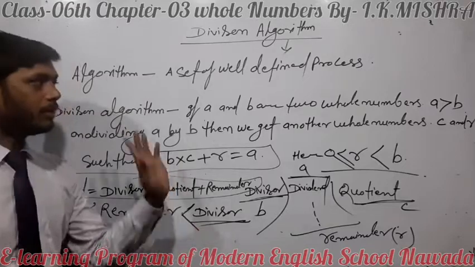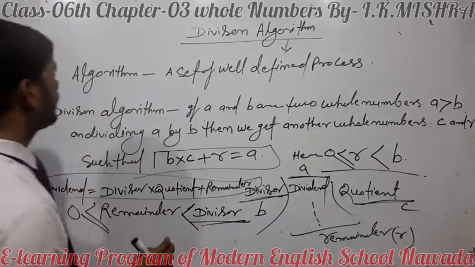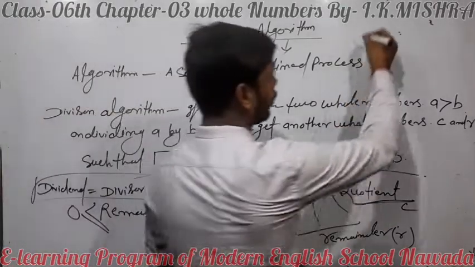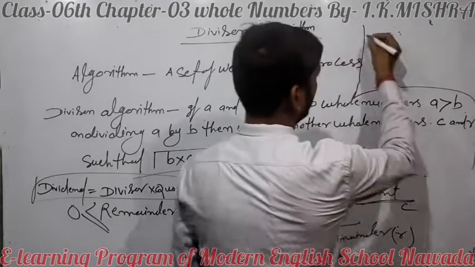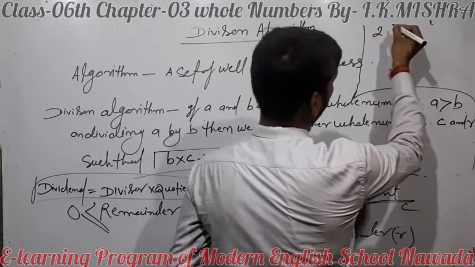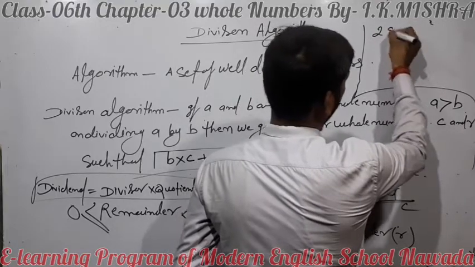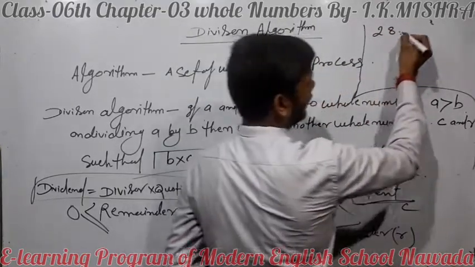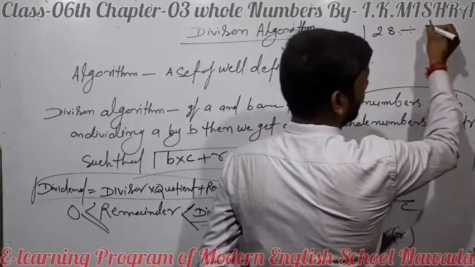Friends, it will be clear. Suppose I take two whole numbers, 28 divided by 5.